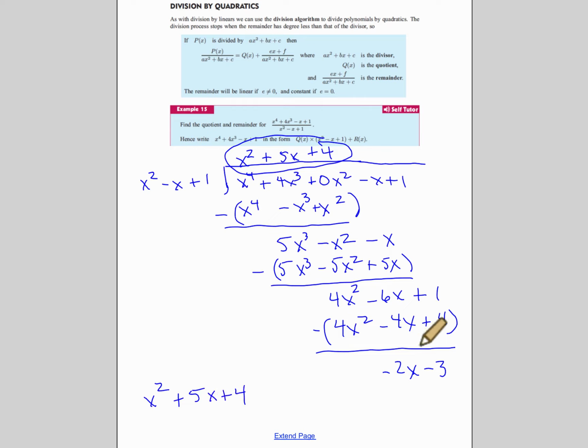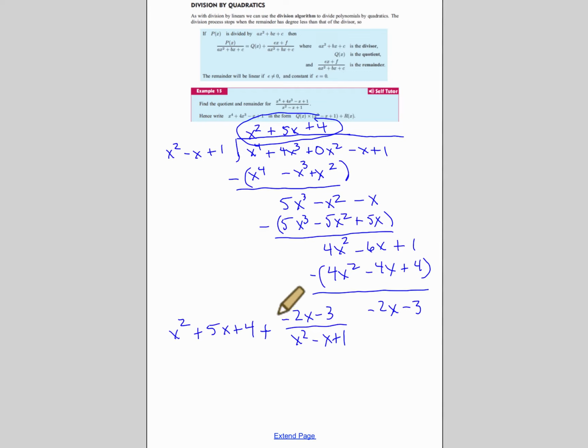And we have a remainder, so we have to put it over the divisor. But if there was a 0 here, we would be done if there was no remainder, but there is. So we could say plus negative 2x minus 3 over x squared minus x plus 1.